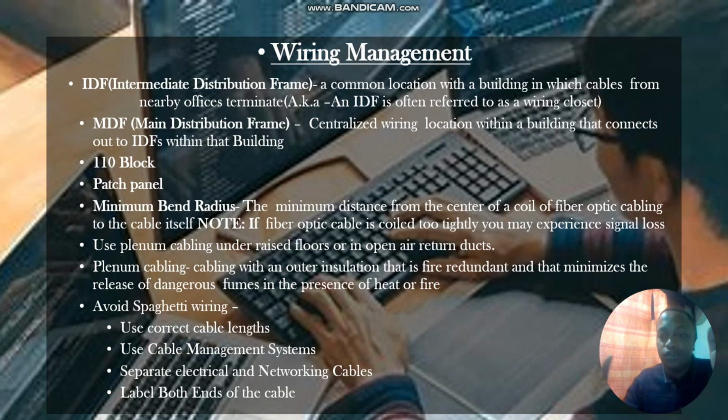So you have all your wires in a plenum cable, and this basically protects all your cables when it comes to raised floors and open air ducts. So if you need to go up, you need to put all your wires in plenum cabling, so that in case of a fire, first the network equipment will not be touched.